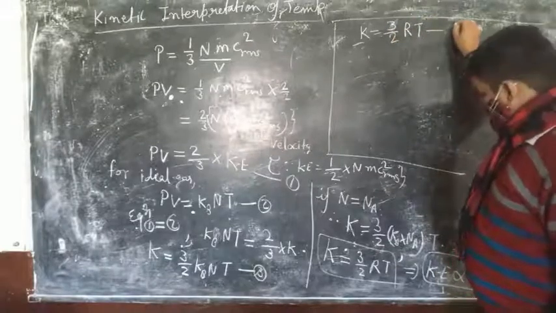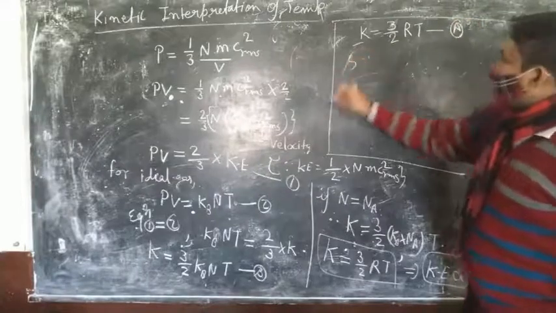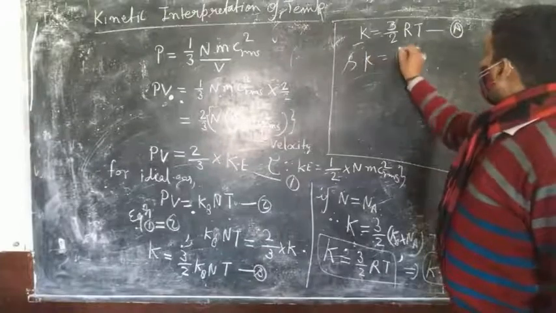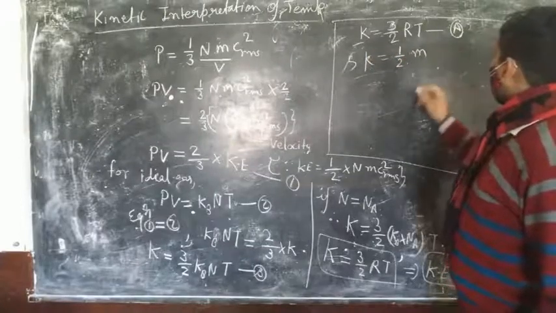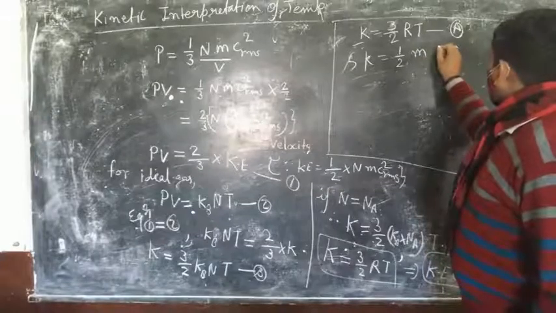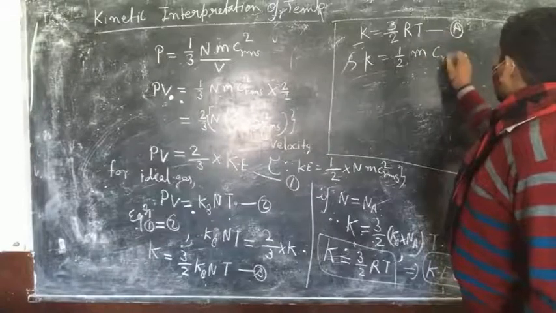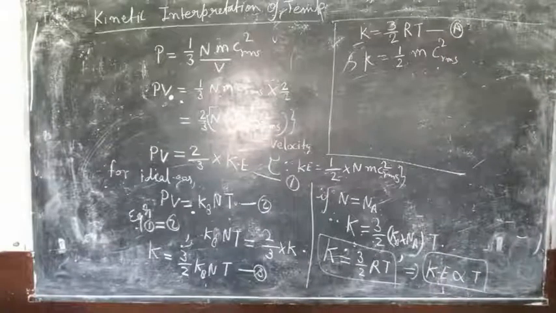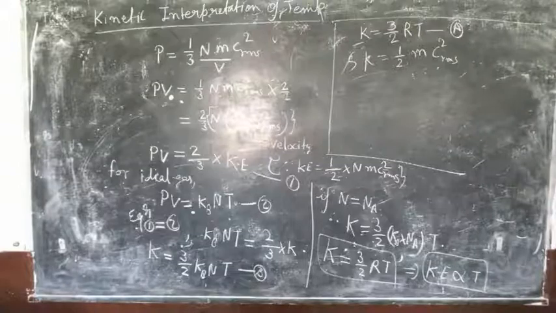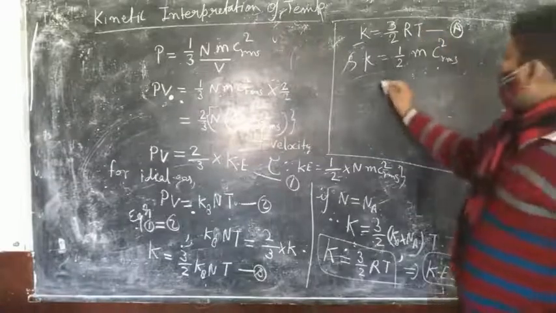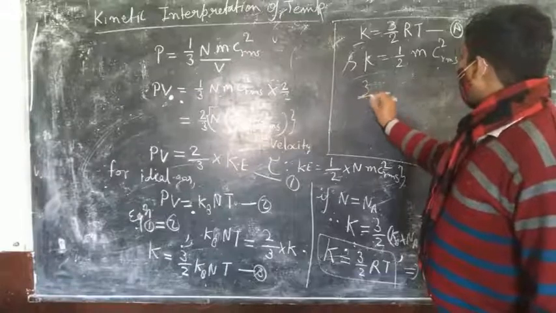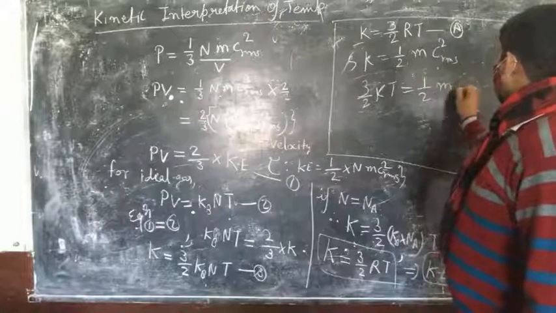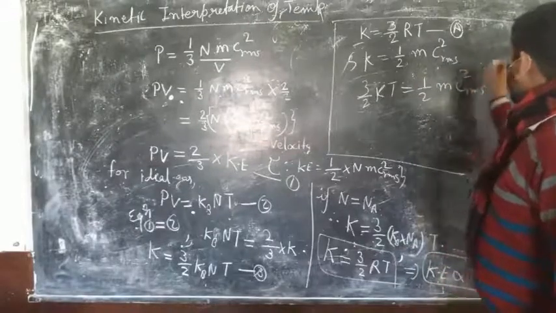This is, let's say, equation A, and we also know that the kinetic energy is equal to half m CRMS square, where CRMS is the velocity of the molecule. On comparing the two, what do we get? 3 by 2 RT is equal to 1 by 2 m CRMS square.